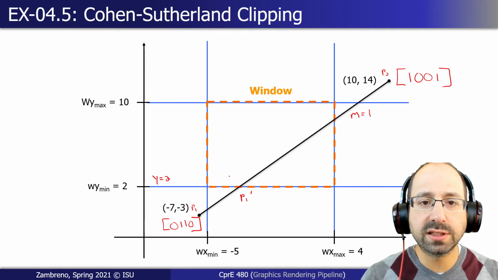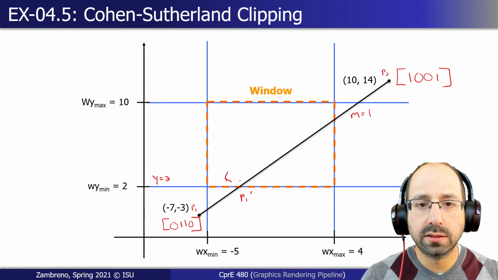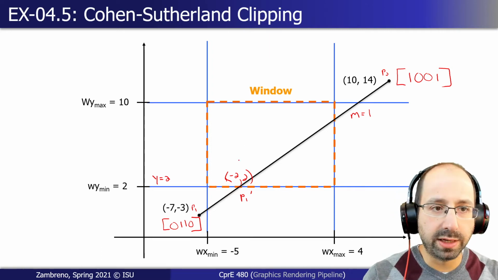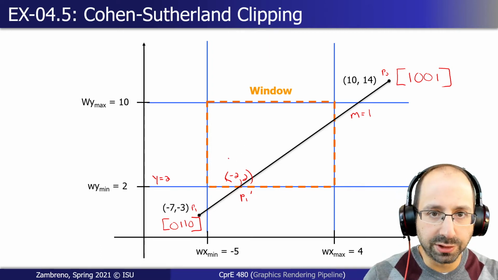We know that the resulting point that intersects would be moving up 5, so we are moving over 5. That would be -2, 2, which would be a point that has a region code of all zeros.